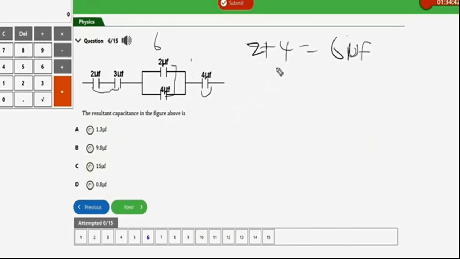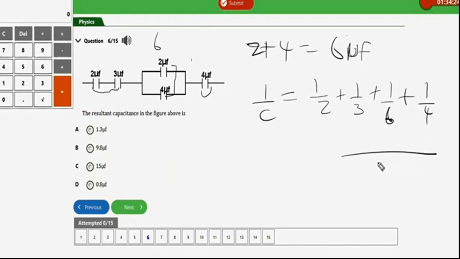Now we have 6 in series with the 3 here. So to get the resultant capacitance, remember, this is the formula for calculating effective capacitance in series. So it will now be 1 over C equals 1 over 2 plus 1 over 3 plus 1 over 6 plus 1 over 4. So the LCM here is 12. 2 into 12 is 6, 6 times 1 is 6, plus 4, plus 2, plus 3.